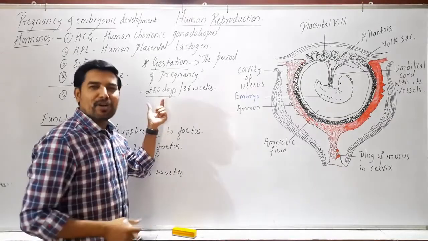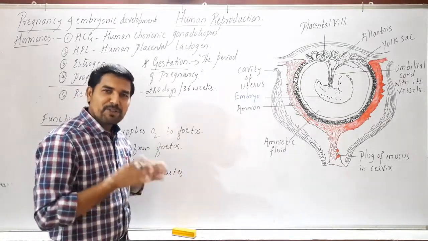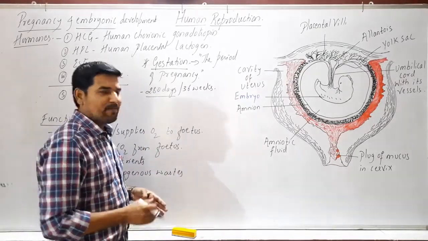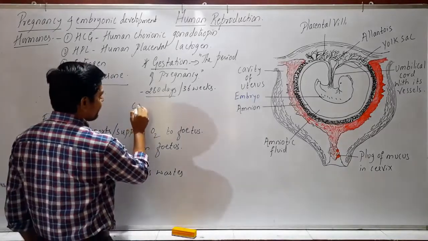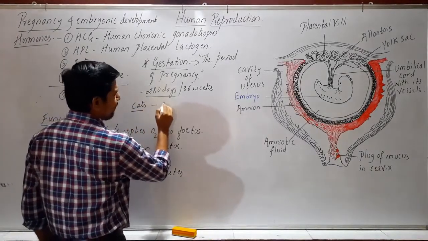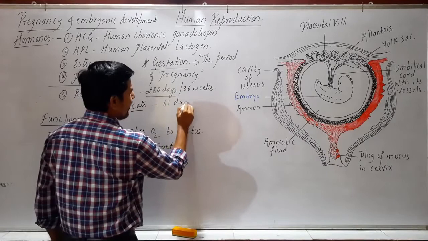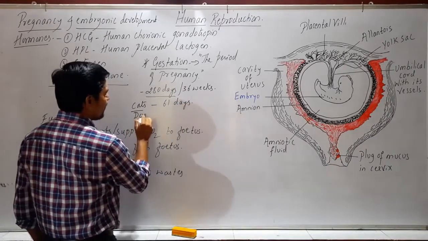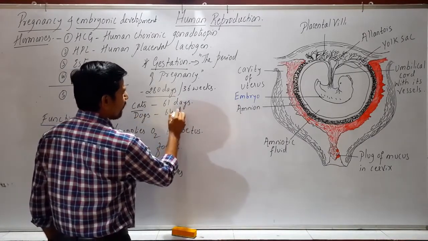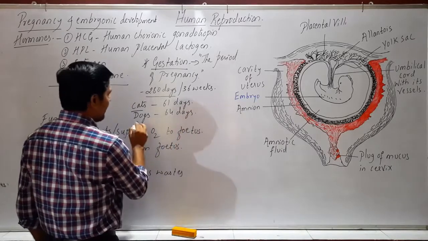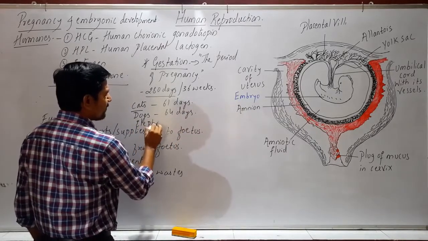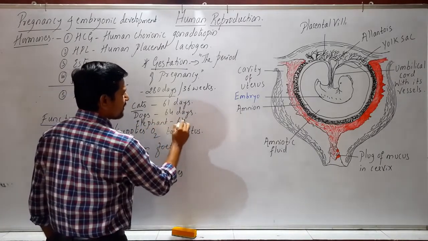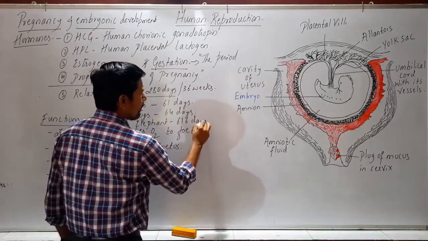Then in other organisms also, the gestation period varies. Now how about in cats? In cats, the gestation period is around 61 days. In dogs, the gestation period is around 64 days. In elephants, the gestation period is 616 days.